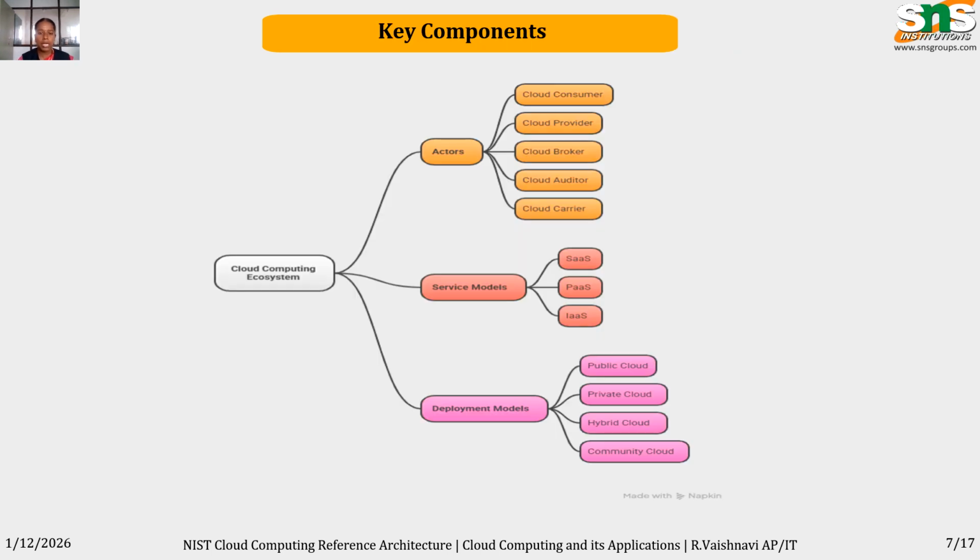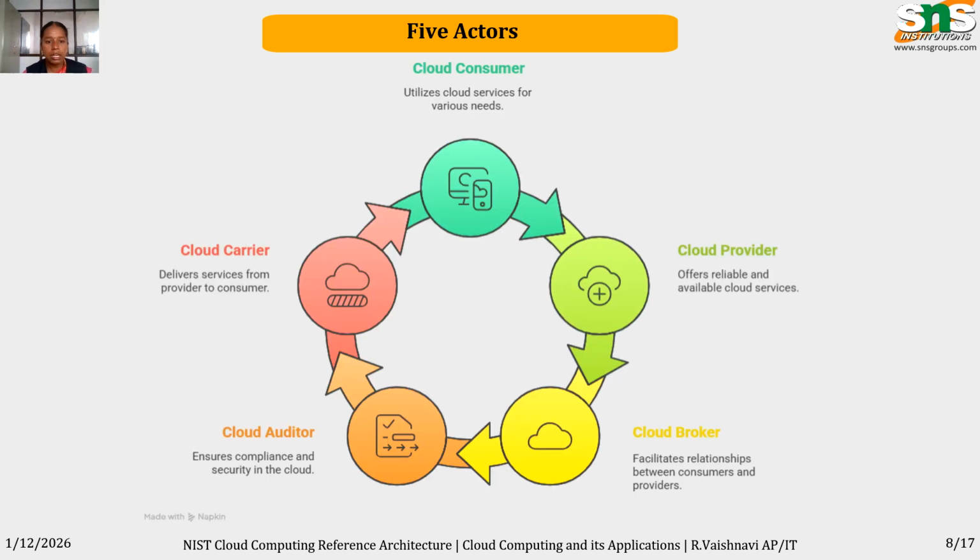And then we have the key components. In key components, the cloud computing ecosystem has 3 major key components, that is actors, service models, and deployment models. First one will be the actors, that is a cloud consumer, cloud provider, broker, auditor, and carrier. Here we are going to see about the actors of the cloud computing. That is, here 5 major actors.